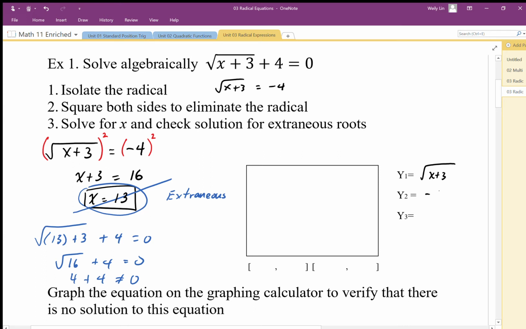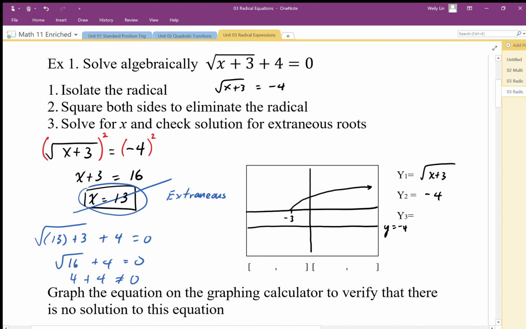So we'll let y2 equal negative 4. And our negative 4 is going to be a line down here at negative 4. Y equals negative 4. Okay, and this is going to be a square root graph. The square root graph looks something like this. Okay, and it's going to start at negative 3 here.